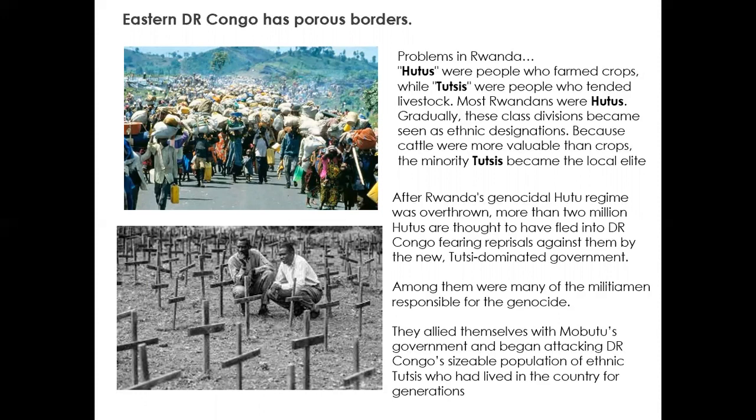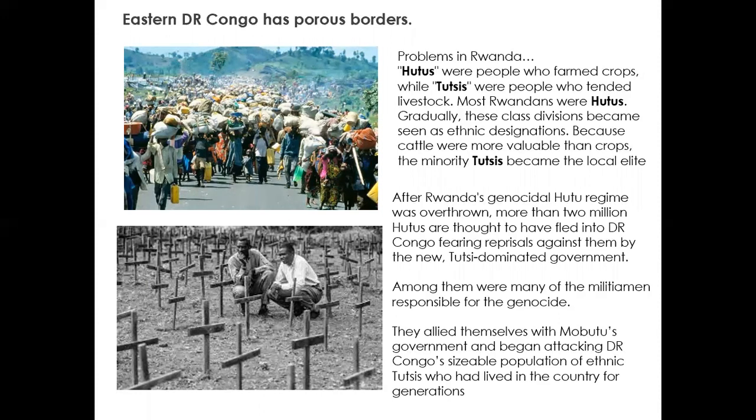Rwanda, which remember is a neighbouring country, has also experienced much civil unrest. Now, the genocide was committed by a group known as the Hutus against a group known as the Tutsis.